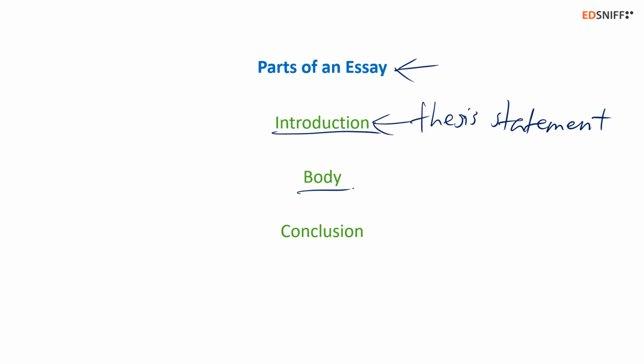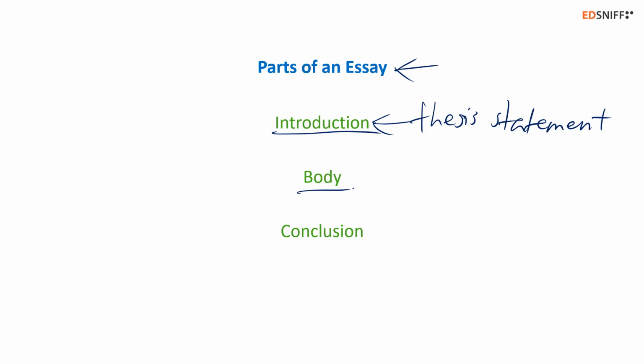Now, to the body. So the body is like the main part of your essay. Normally, you write around 3 paragraphs, right, in a normal essay, and each paragraph supports and develops your main idea. Remember that your main idea is talked about in the thesis statement in the introduction.